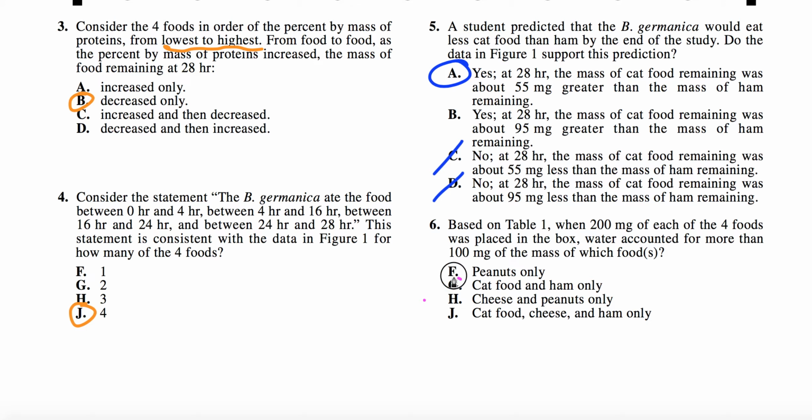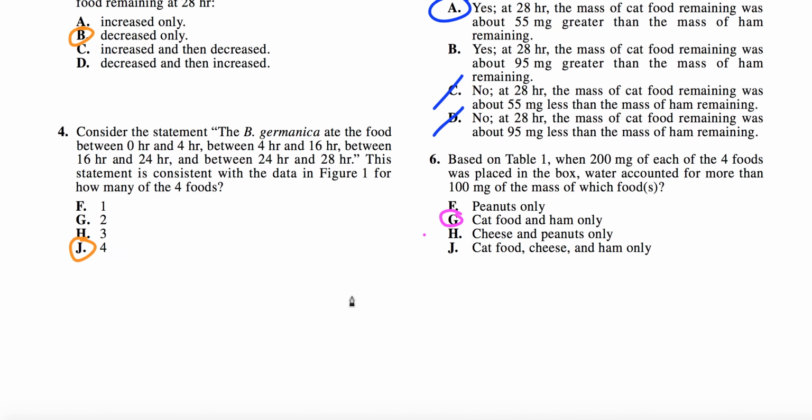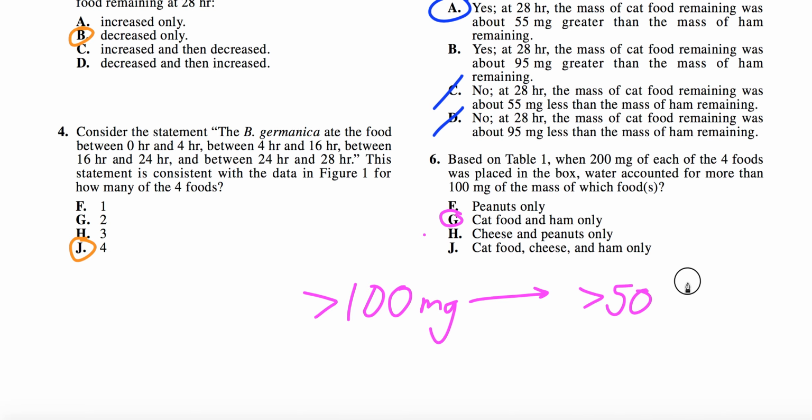So our answer should be G, because if you have more than 100 milligrams, that means you have greater than 50% mass. So we go G here.